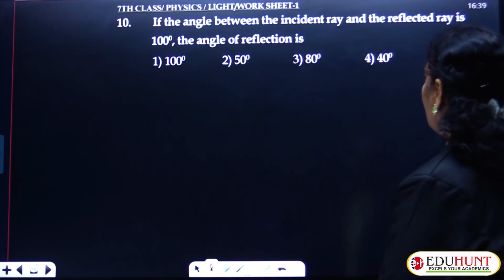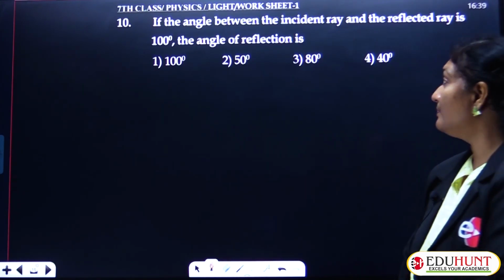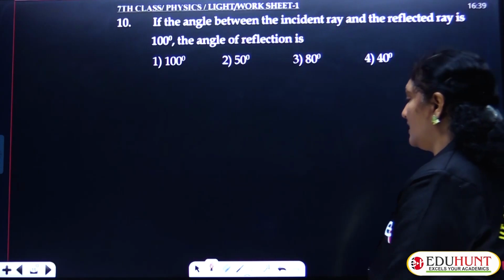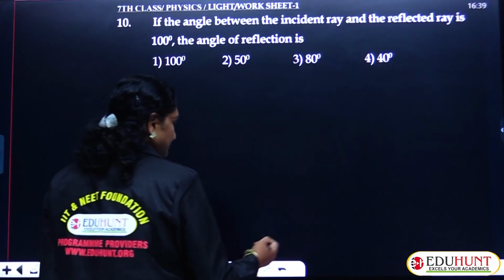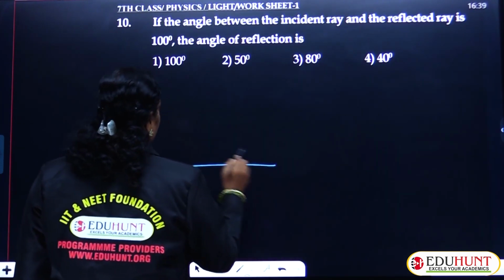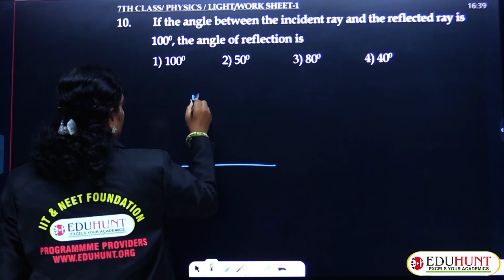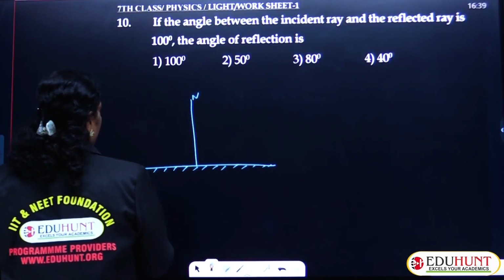If the angle between the incident ray and the reflected ray is 100 degrees, the angle of reflection is, let us picturize the same. What is given? This must be your normal, this must be your plane mirror, MM1.